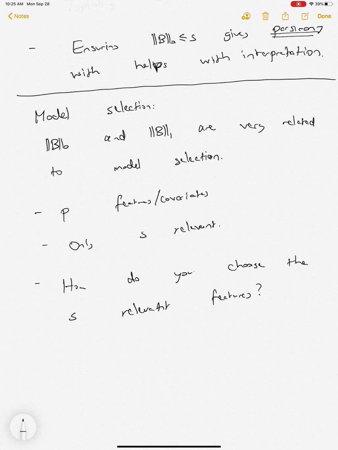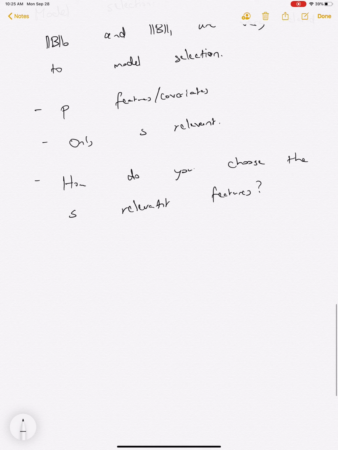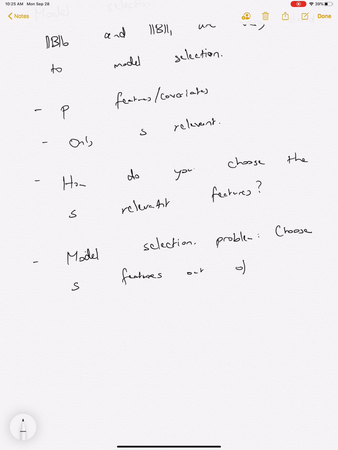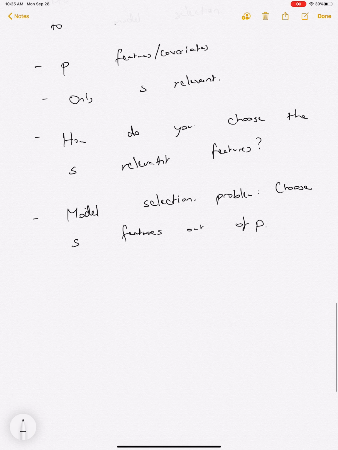And so this can be interpreted as a model selection problem, because the model you're trying to select is to choose S features out of P. And so therefore, what we have is P choose S models to choose from.